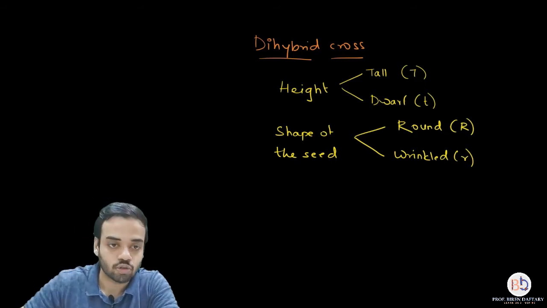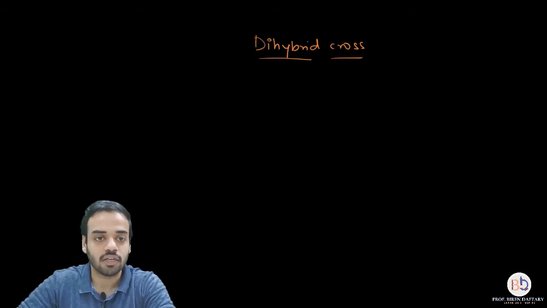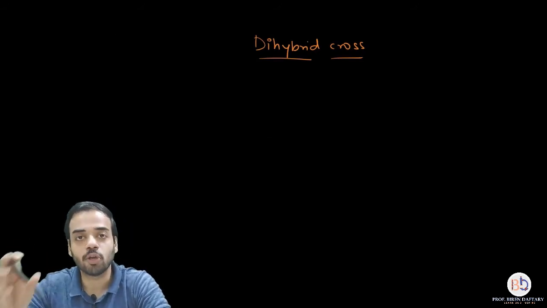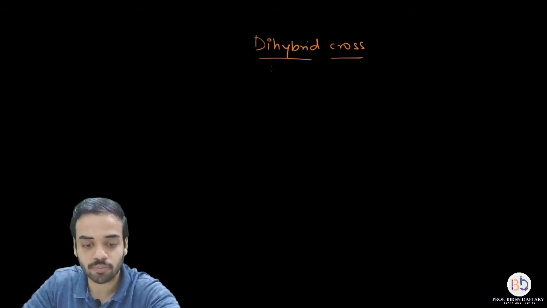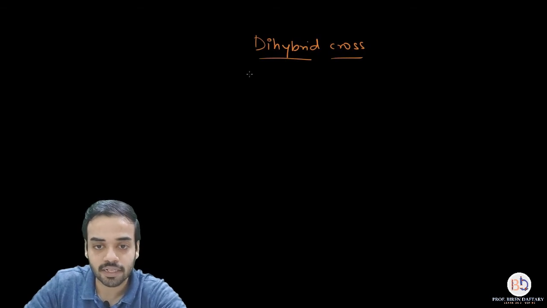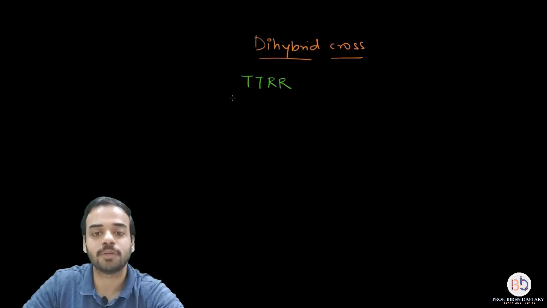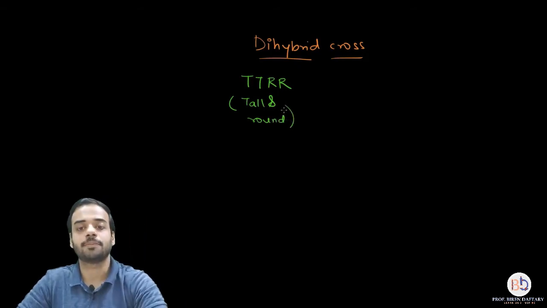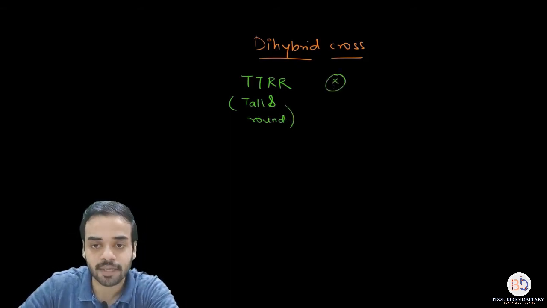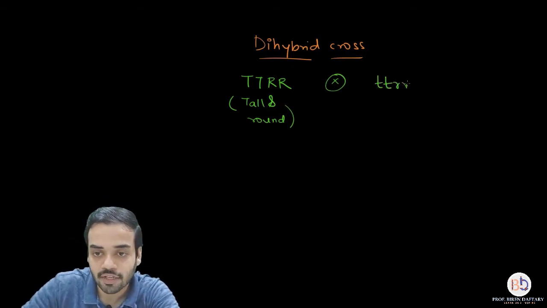Now again, following the way Mendel did the cross, he always took pure parents. So obviously in this case the pure parents are going to be capital T, capital R, and this parent will be called a tall and round parent, and it will be crossed with a completely recessive pure parent, a dwarf and wrinkled parent.